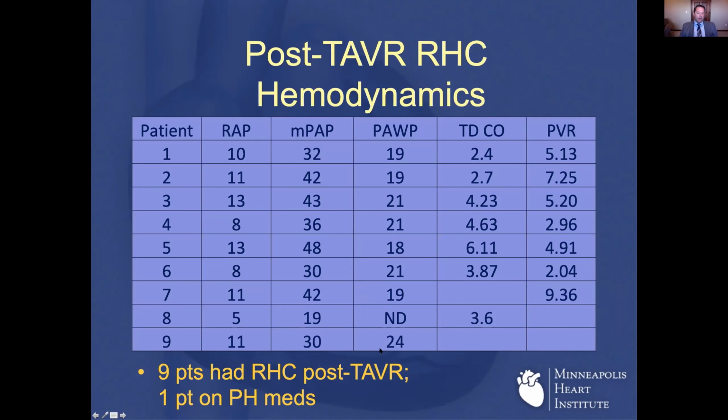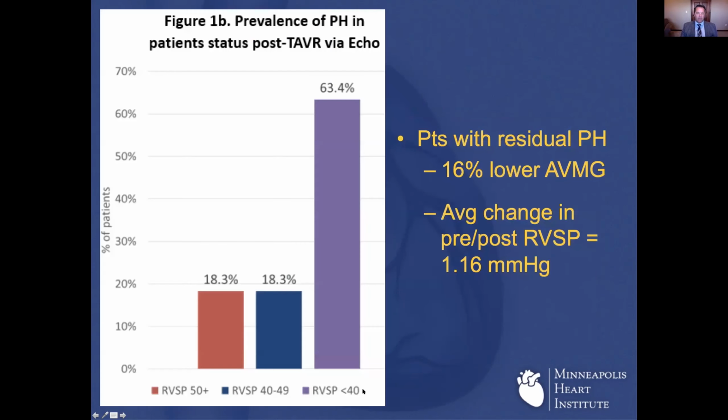And so when we looked at the patients with residual PH, 1 patient was on pulmonary hypertension medications, and the remainder weren't. In most cases appropriately so, because we don't know what the optimal treatment of choice is for patients with combined pre and post PH.